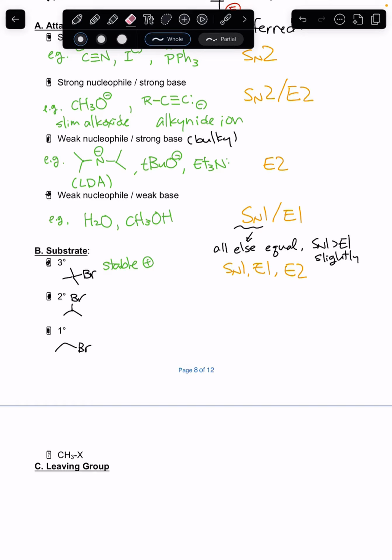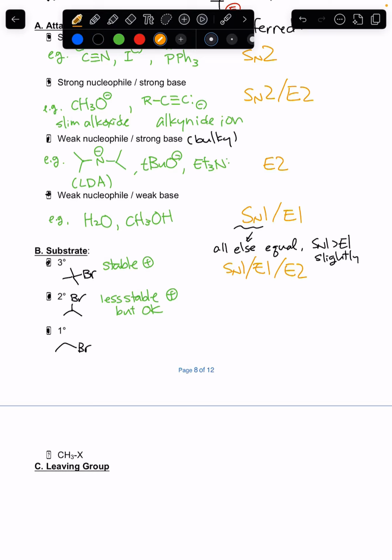Maybe I'll use this slash just to be consistent. Okay. What if you have a secondary, right? Then it can form a carbocation. It's not as stable as tertiary, but it can be formed. Secondary carbocation is potentially a thing.